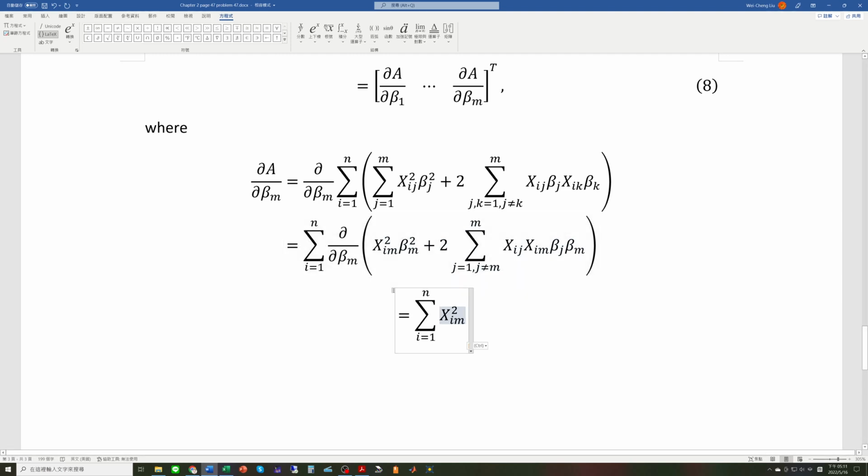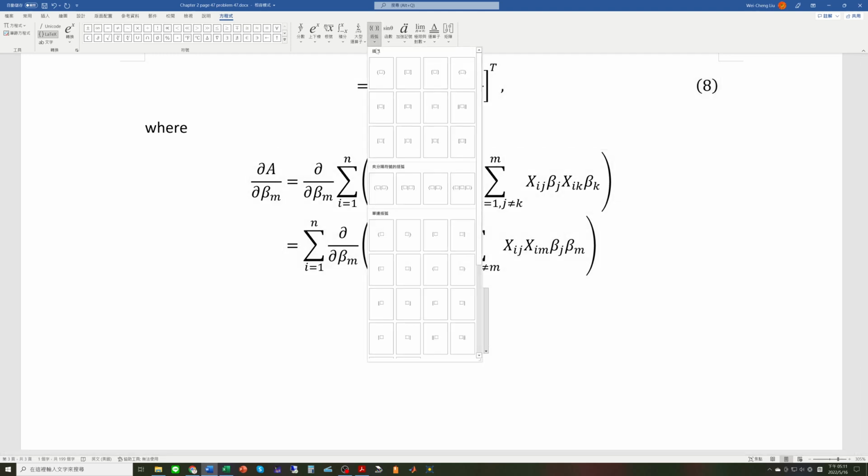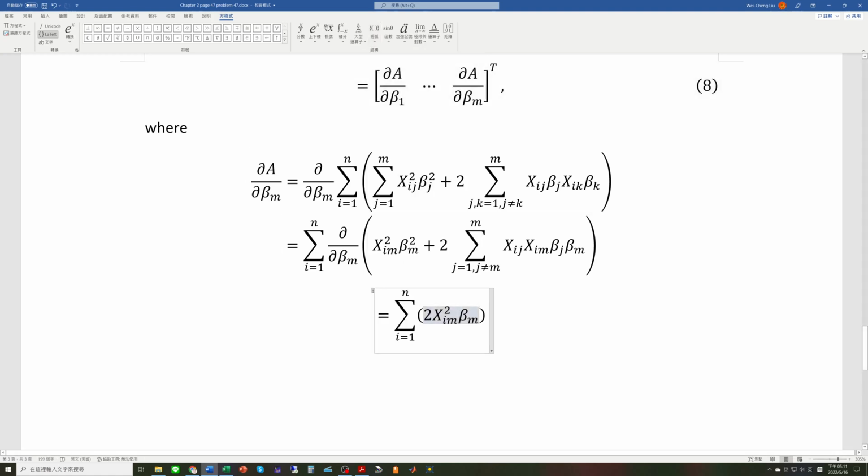So we move the factor 2 in front of xim squared and beta m. Like this. We need to put this into a pair of parentheses, like this, and plus 2.